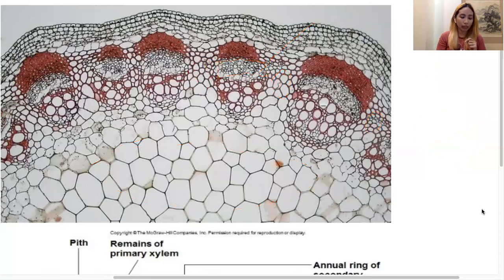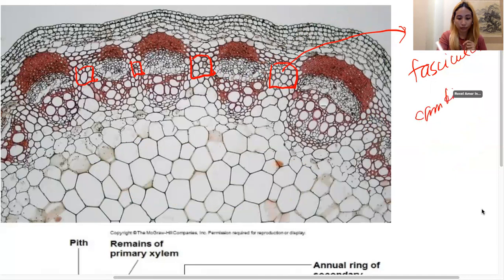And these meristematic cells will now become what we call the interfascicular cambium. The interfascicular cambium and the now formed fascicular cambium here, right?